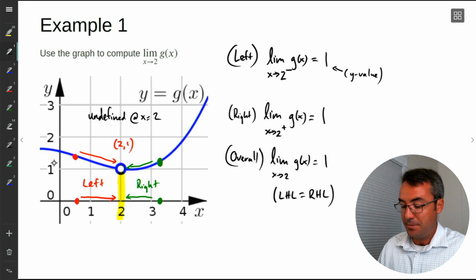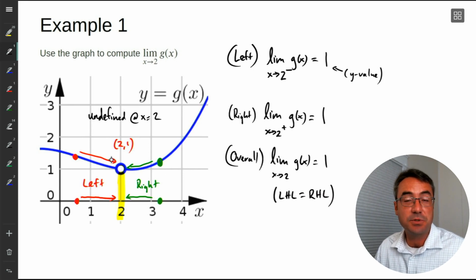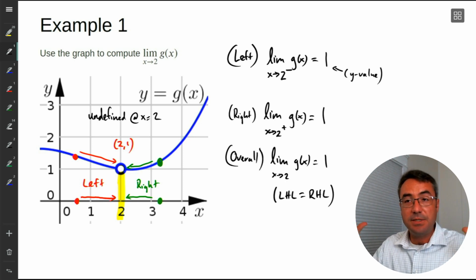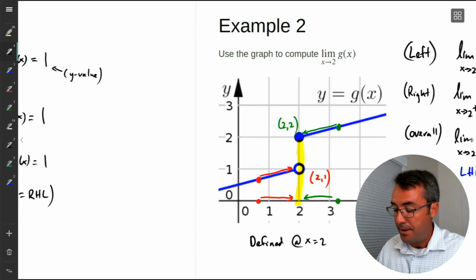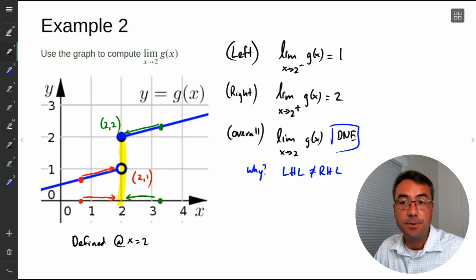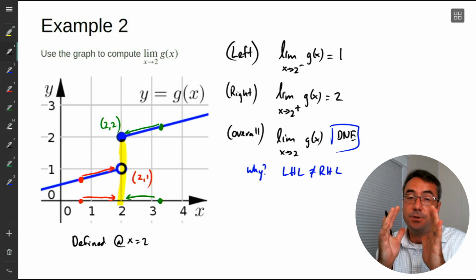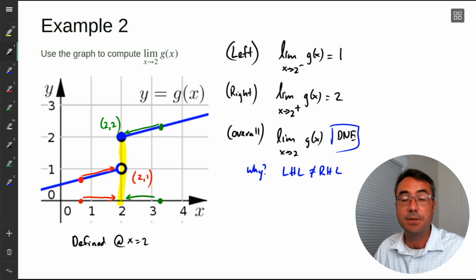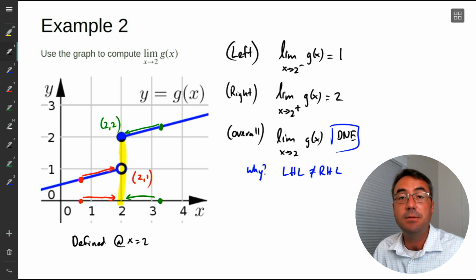So in example 1, here is a function, the limit exists, but our function's actually undefined at x equals 2. Didn't matter. We could still talk about the limit. What happens as we get closer and closer to x equals 2? What happens directly at x equals 2 doesn't actually matter. Same thing in example 2. We're just talking about what happens as we get closer and closer to x equals 2. Doesn't matter what actually happens directly there. In this case, this function is actually defined. Didn't matter.